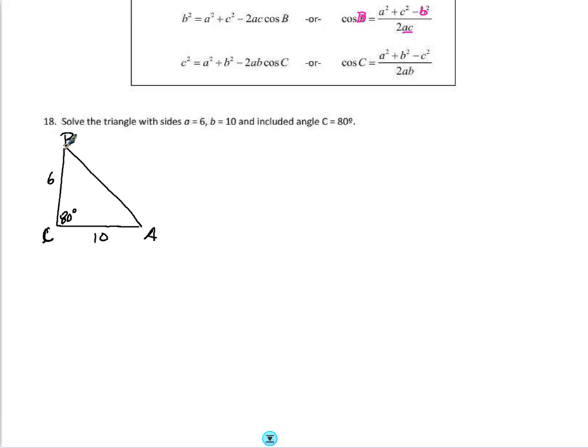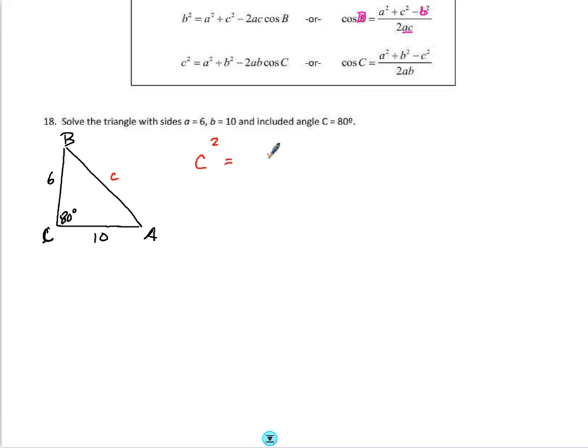Looking at the picture, I know it's side, angle, side because I have an included angle between two given sides. So I'm going to have to use law of cosines to find some missing information. If I know two sides, I'm most likely going to find the third side, little c. I want to find c, so I'm going to have to find c squared first.